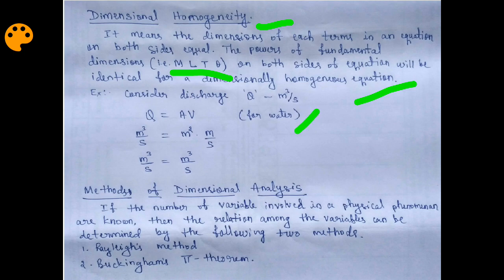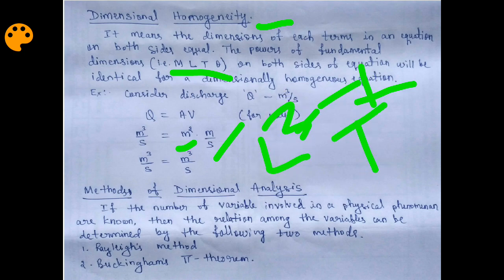We know that the SI unit of discharge is meter cube per second, of area is meter square, and of velocity is meter per second. If I simplify, we get meter cube per second on both sides. In terms of MLT, it will be L cube T raised to minus 1 on the LHS, and on the RHS also L cube T raised to minus 1. So we get the same on both sides.